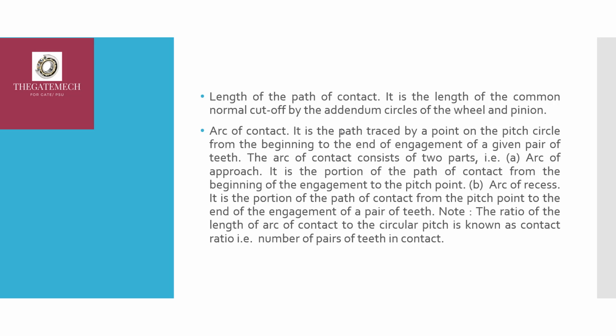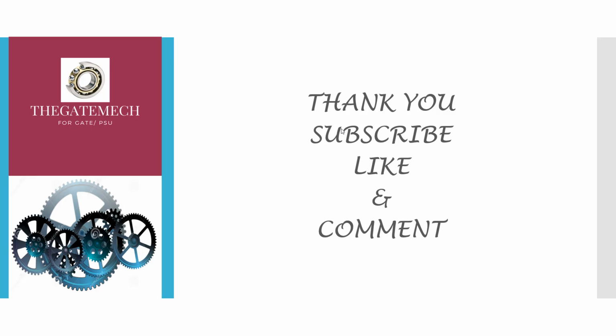Arc of recess is the part of the path of contact from the pitch point to the end of engagement of the pair of teeth. The ratio of the length of the arc of contact to the circular pitch is known as the contact ratio, that is, the number of pairs of teeth in contact.